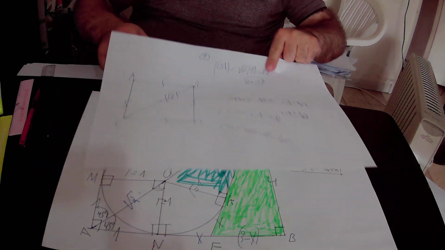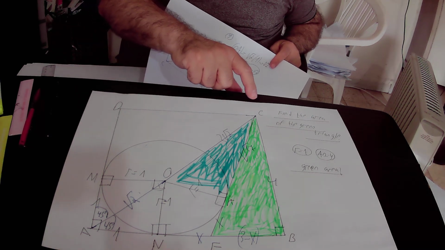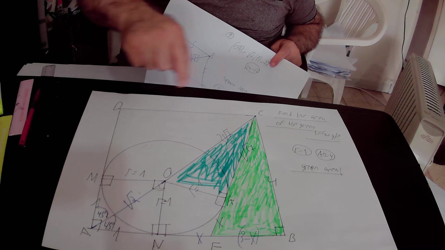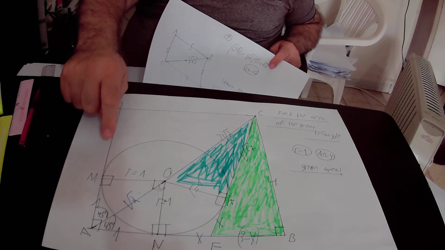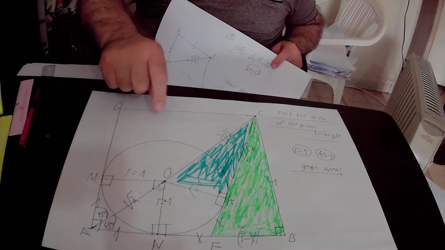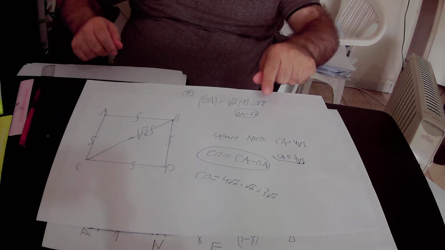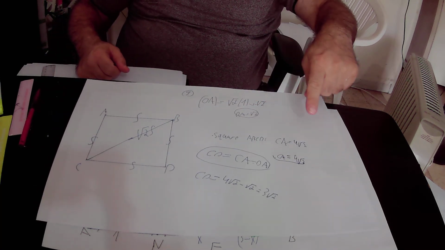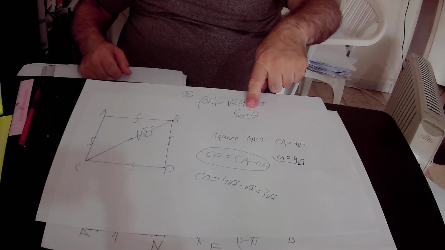Likewise, we found the length of diagonal CA of square ABCD. According to rule number 7, it equals the length of the square side, 4 units, times square root of 2. So CA equals 4 times square root of 2 units, and OA equals square root of 2 units.